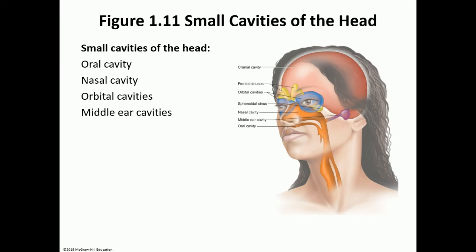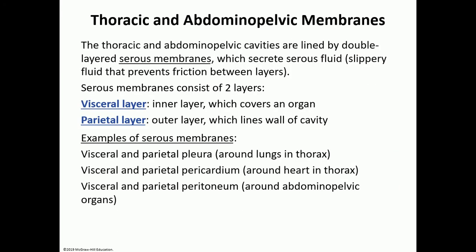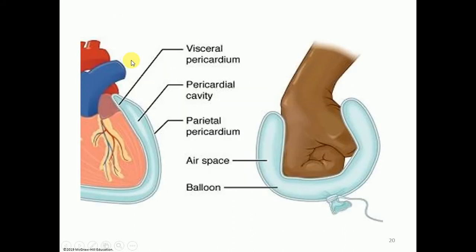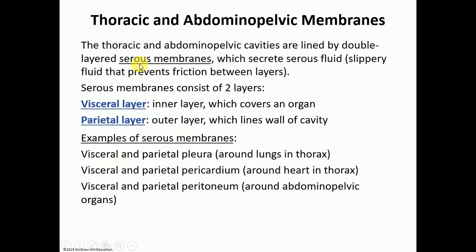Now the thoracic and abdominopelvic cavities are lined by a layer known as the serous membrane. A membrane is basically a layer. You can think of it like wallpaper, but double layered, and it secretes a watery fluid.